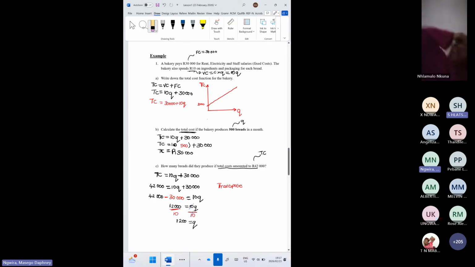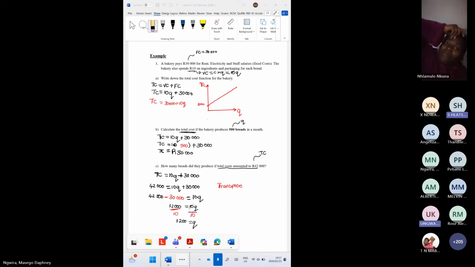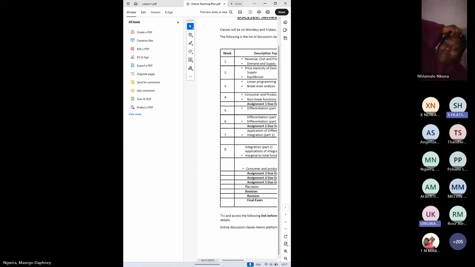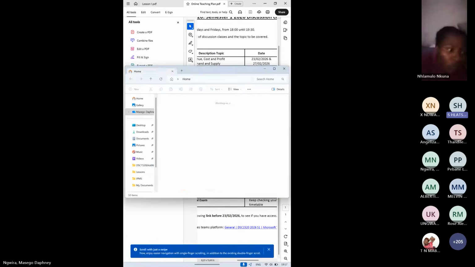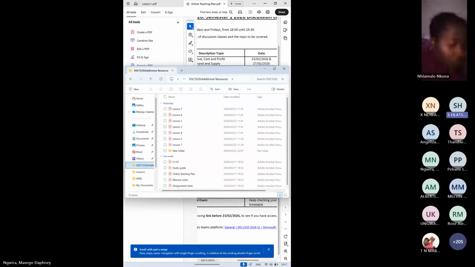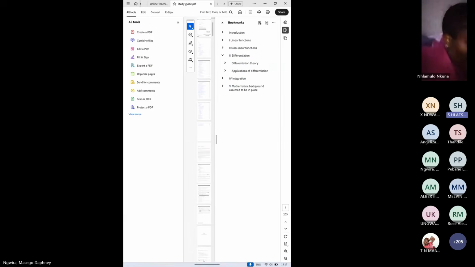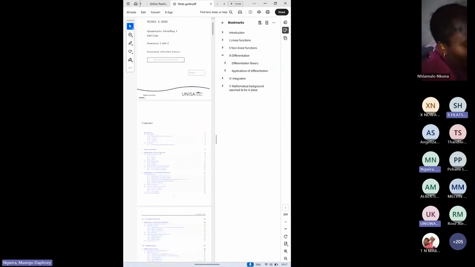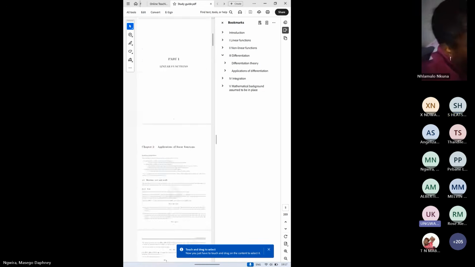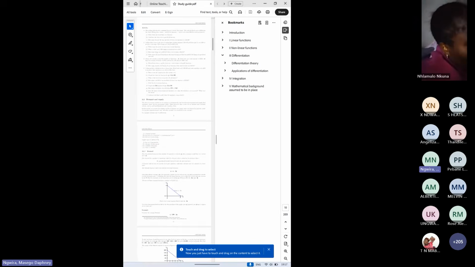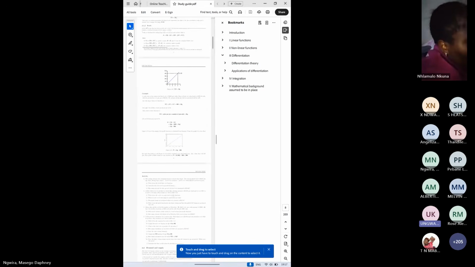I think it's page 7, the study guide, on the total cost. Yes.